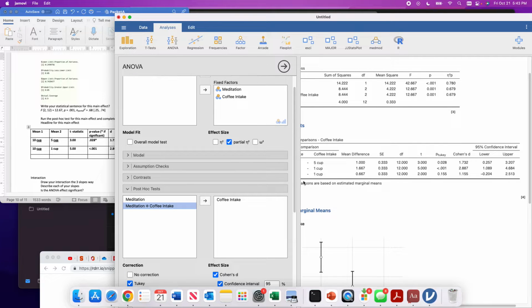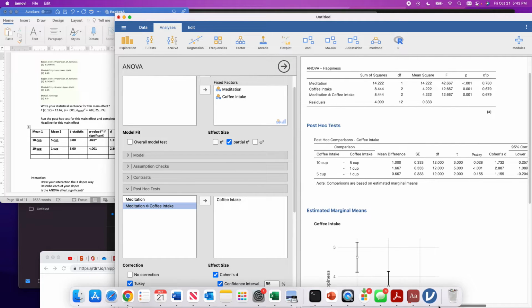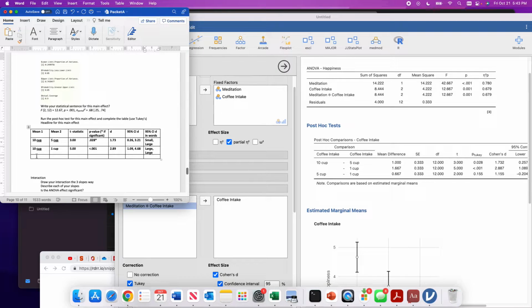Finally, we got 5 versus 1 cup here. 5 cup, 1 cup. The t value is 2. I love when my fake data works out so perfectly. My p value is non-significant, 0.16. I didn't star the previous one, but that one's not starred.